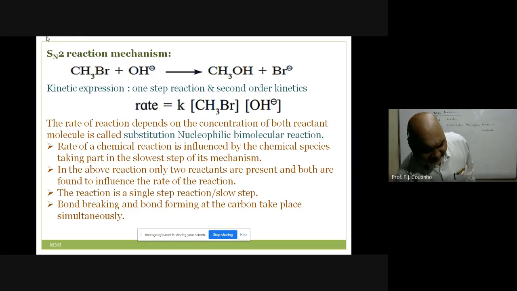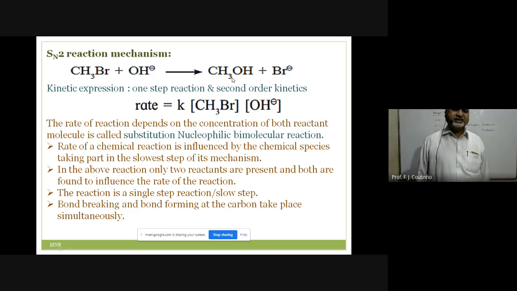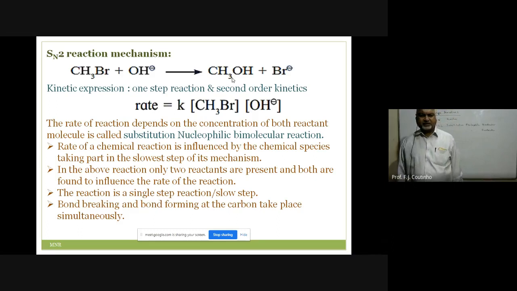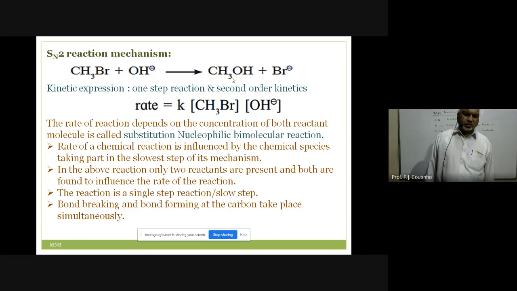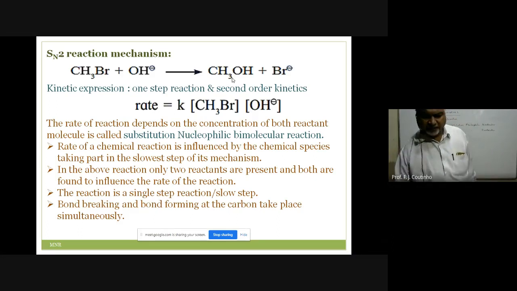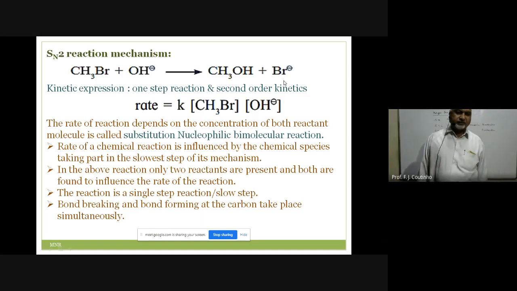We are treating methyl bromide with OH minus, and the product we are getting is CH3OH, that is methyl alcohol, or we also call it methanol, and there is a substitution of this Br by this OH, and that's why Br is leaving there as Br minus.